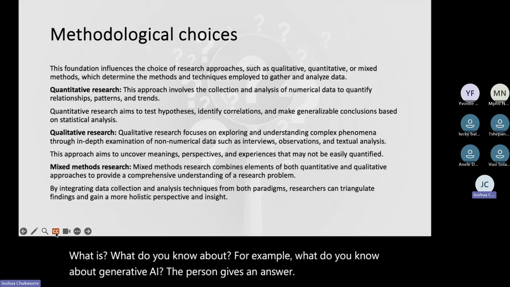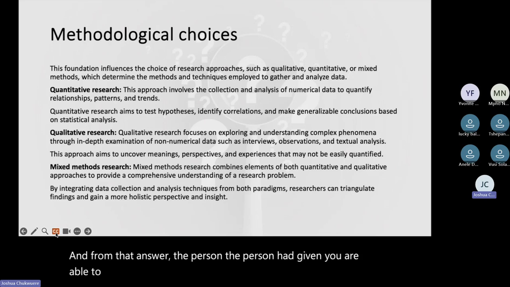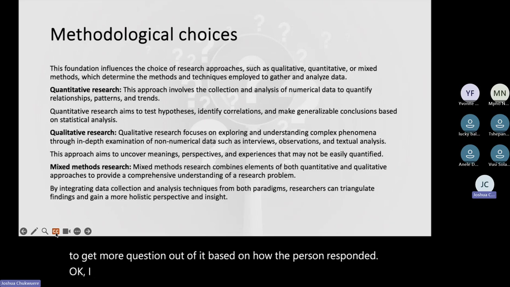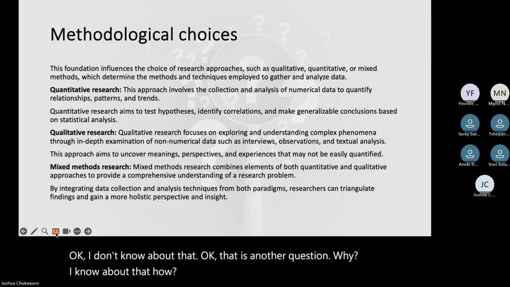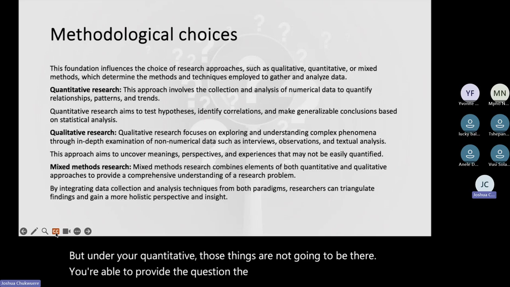And from that answer, you're able to get more questions out of it based on how the person responded. Okay, I don't know about that. Okay, that is another question: why? I know about that. How? But under your quantitative, those things are not going to be there. You provide the question, and the person must start and end there.